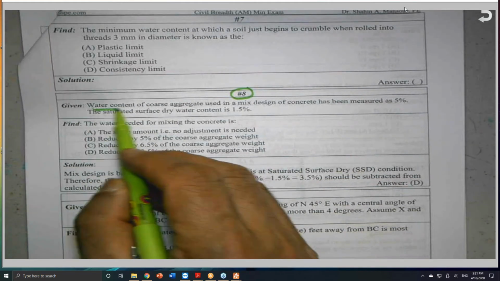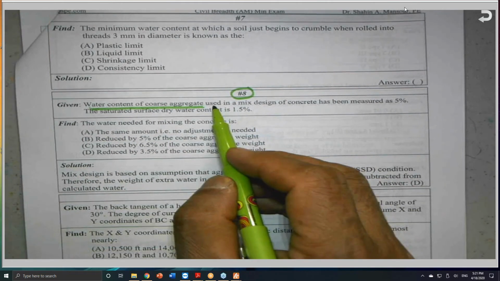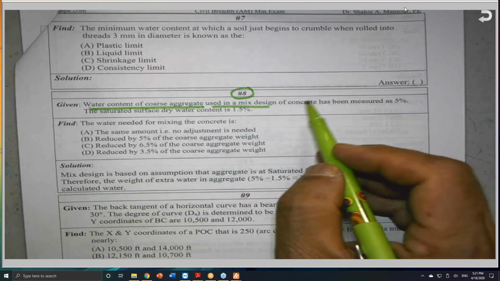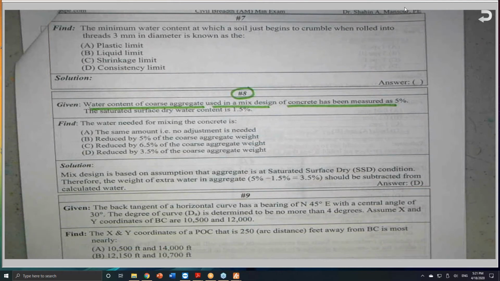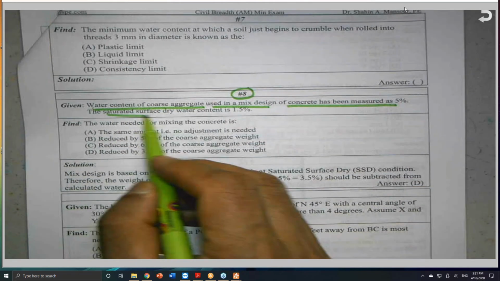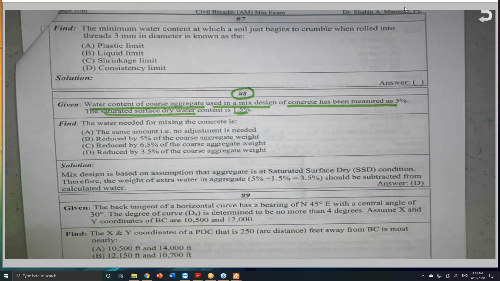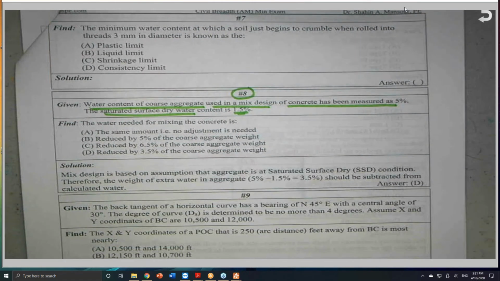The water content of aggregate used in a mix design of concrete has been measured at 5%. The saturated surface dry water content is 1.5. By the way, I left some answers here to make it easy for you.